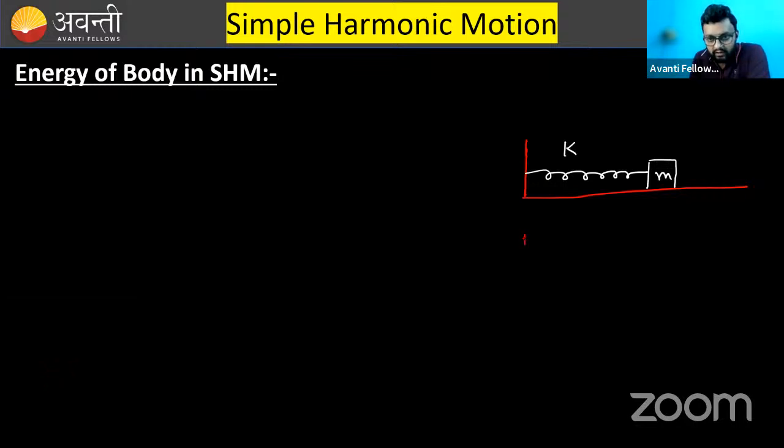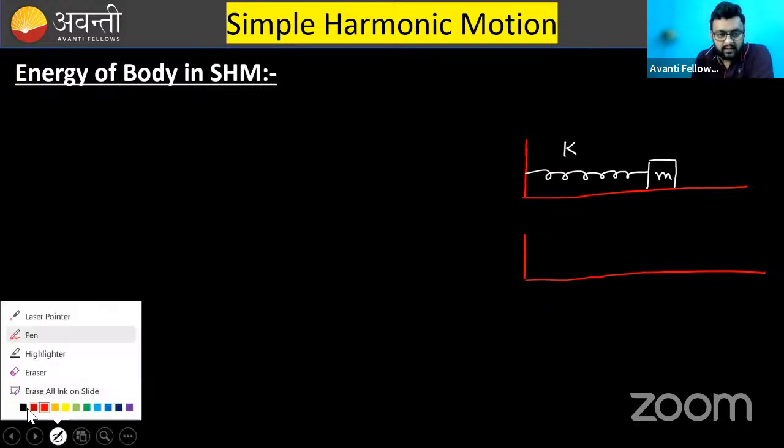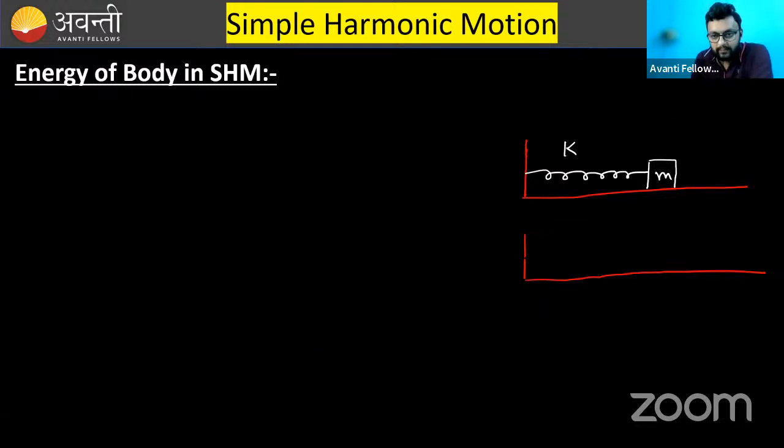And what we did, we have extended it, or this particle is executing SHM in this way. And at any instant, let's suppose it is at a distance x from the mean position.